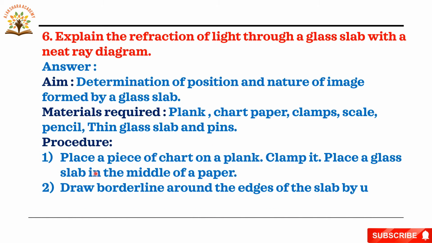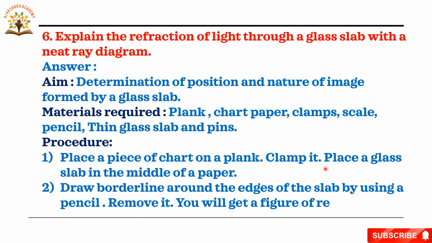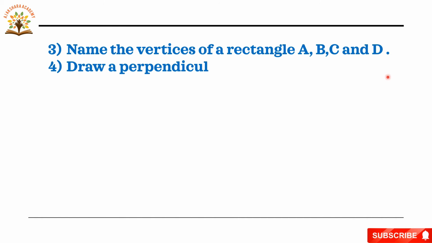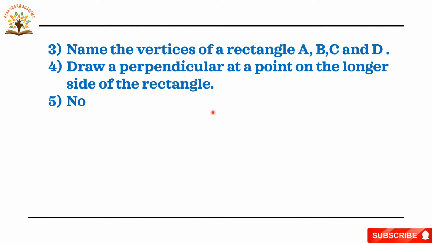Procedure: place a piece of chart paper on a plank and clamp it. Place a glass slab in the middle of the paper. Draw border lines around the edges of the slab using a pencil and remove it. You will get a figure of a rectangle. Next, name the vertices of the rectangle A, B, C and D. Draw a perpendicular at a point on the longer side of the rectangle.